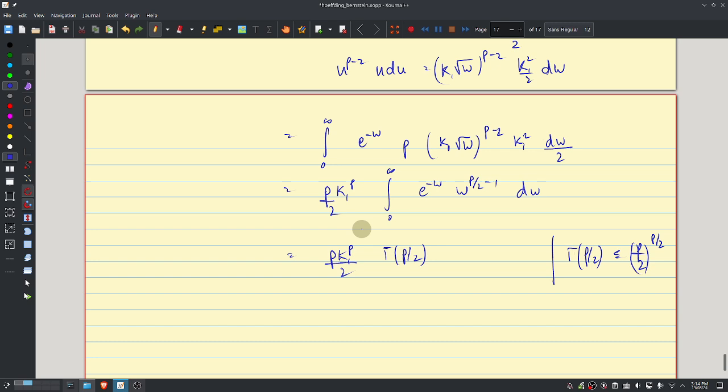Gamma n is n minus 1 times gamma n minus 1, right? So gamma p by 2 is p by 2 minus 1 times gamma of p by 2 minus 1, which is equal to p by 2 minus 1 into p by 2 minus 2 and so on. So you easily get that this is upper bounded by p by 2 whole raised to p by 2.